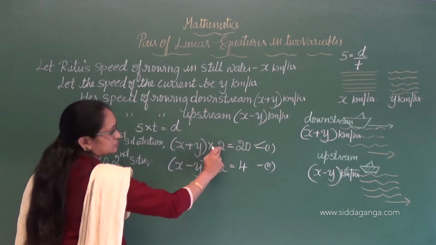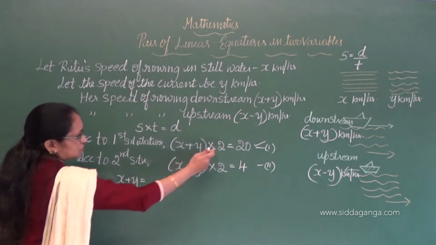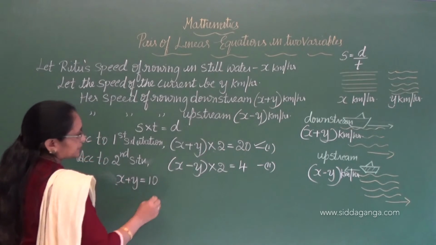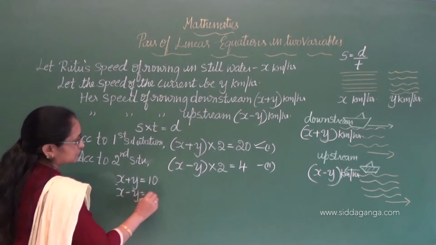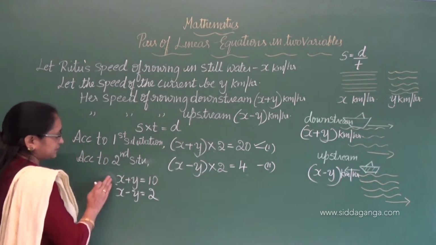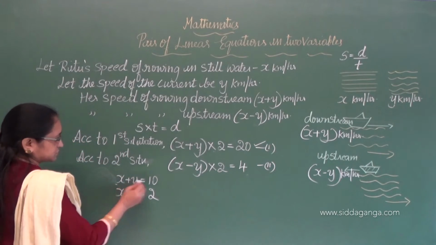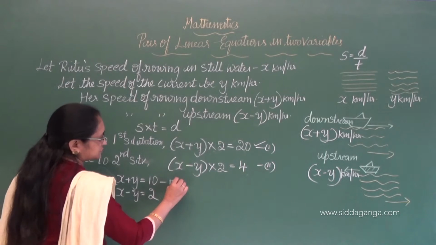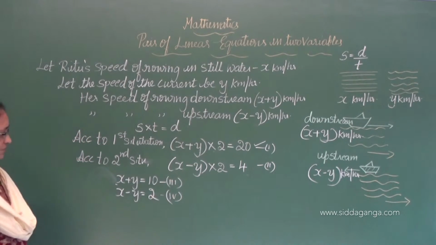So if you transpose, it will become x plus y is equal to 20 by 2, which is 10, and x minus y is equal to 4 divided by 2, which is 2. So this will be easy for you to solve now. Now we have this third equation and this fourth equation. See how we can solve?